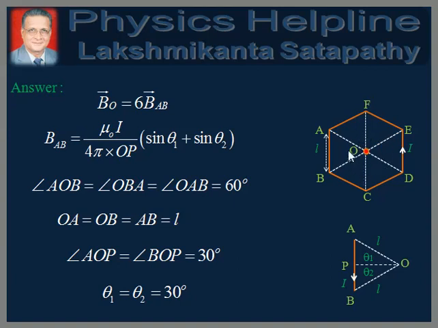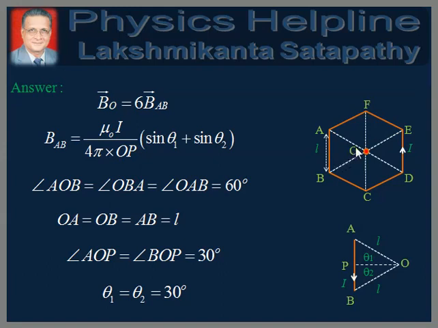Therefore, there are 6 angles, and each angle will be equal to 360 degrees divided by 6, which is equal to 60 degrees. And side OA is equal to OB because it's a half diagonal. Therefore, the remaining 2 angles add up to 120 degrees. These 2 sides are equal, therefore those angles are also equal, which gives us 60, 60 and 60.